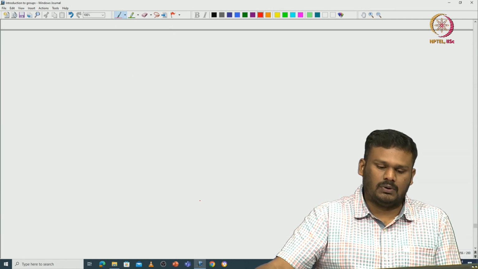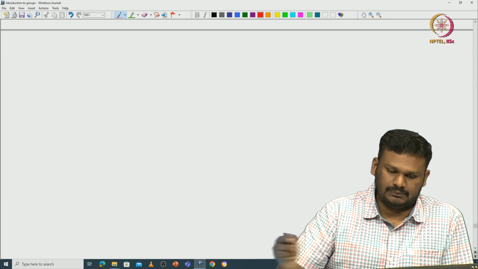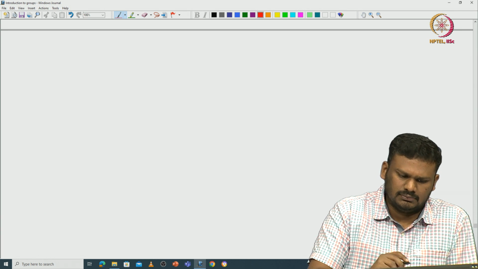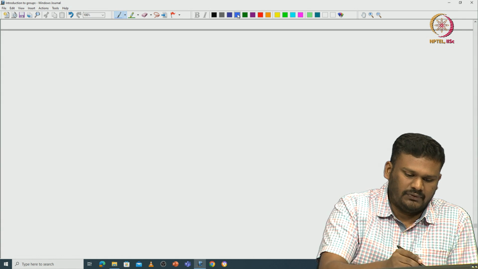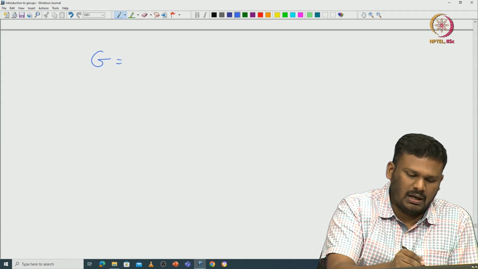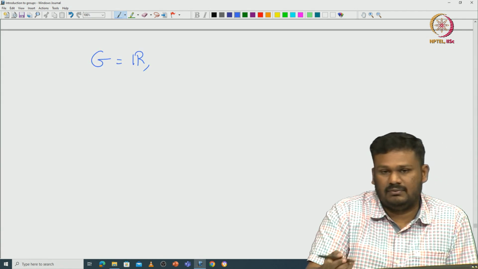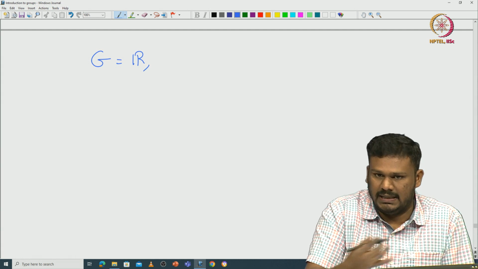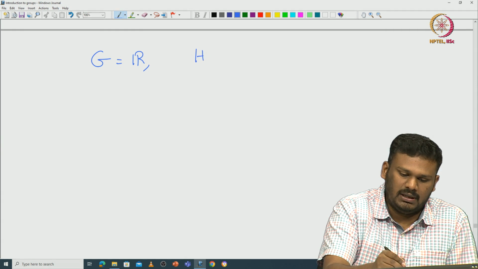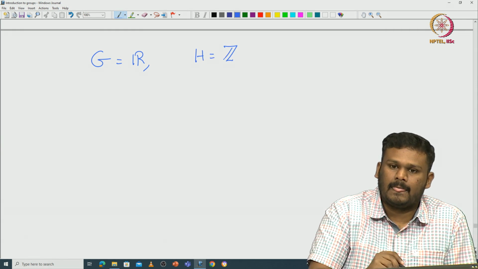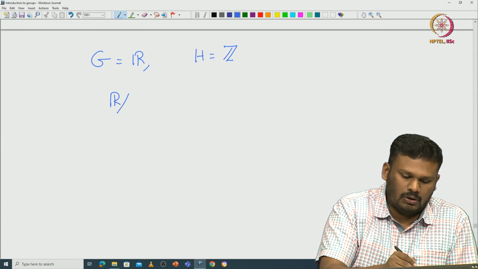Okay, here is a somewhat more interesting example, again motivated from geometry. Okay. So we can look at G to be R. As I said, R is abelian, so we can take any subgroup and then look at its quotient. So let us take H to be Z. Okay. So then what is R modulo Z?